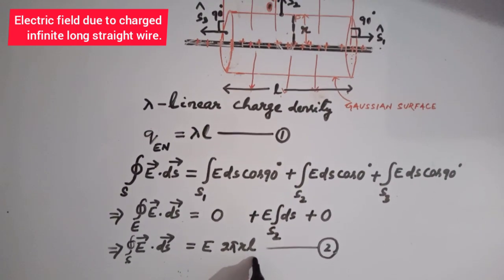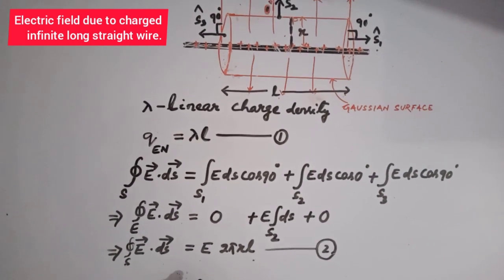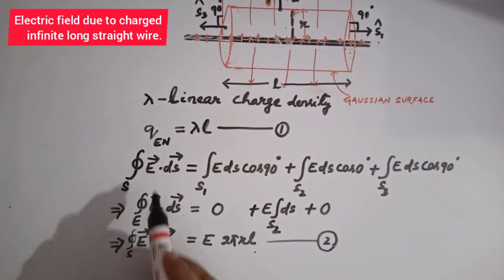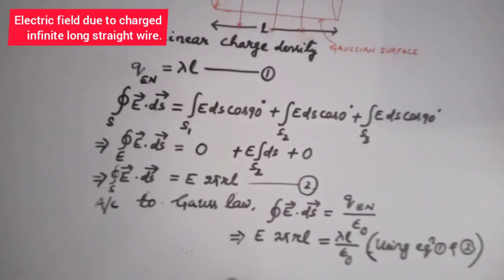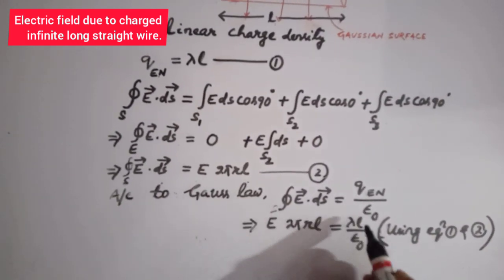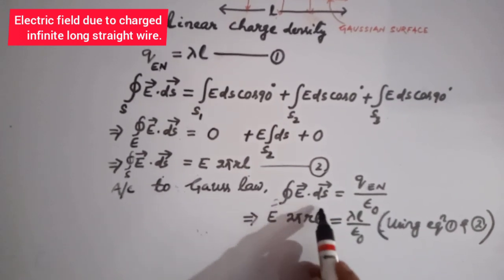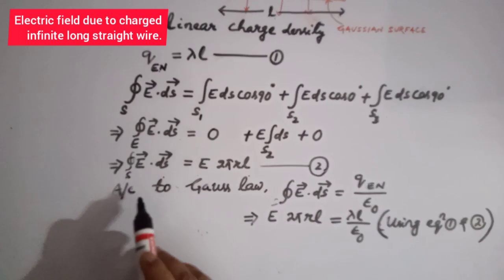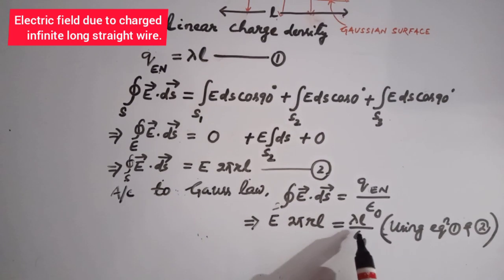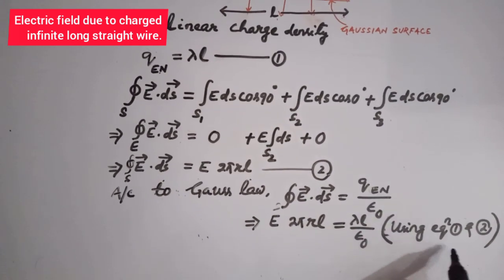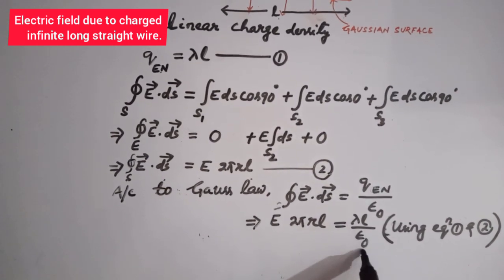Now Gauss law can be used to find the electric field. According to Gauss law, the integral of E dot ds is equal to the total charge enclosed divided by epsilon naught, that is Q enclosed divided by epsilon naught. Now over the cylindrical Gaussian surface, E dot ds is equal to E into 2 pi rl and the charge enclosed is equal to lambda L. Using equations 1 and 2, E into 2 pi rl is equal to lambda L by epsilon naught.